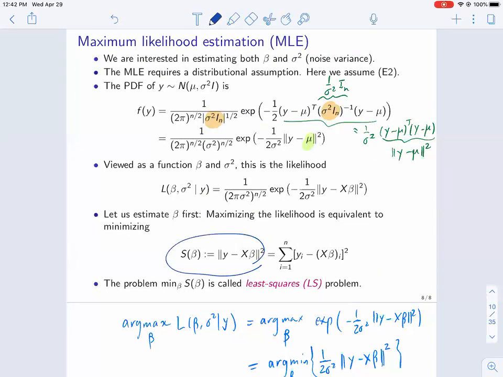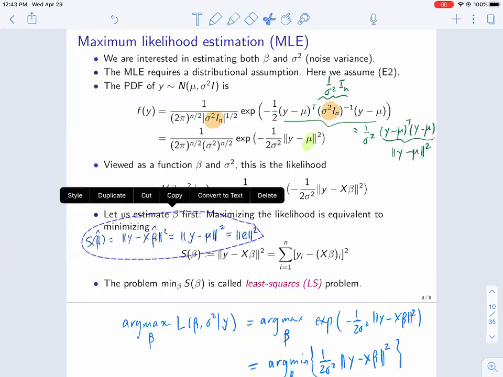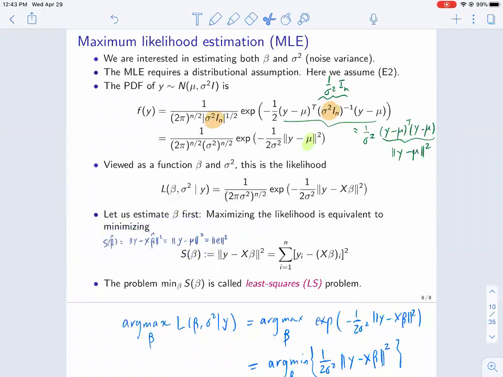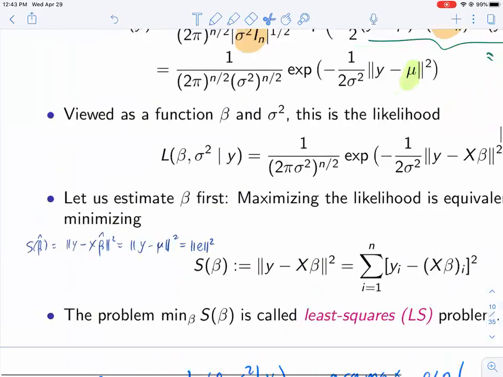If I plug in beta hat into S, I would get y minus x beta hat squared, which is just y minus mu hat squared, which is just the residual squared. Okay, so that's the little calculation here.